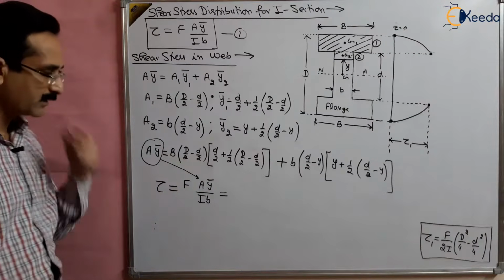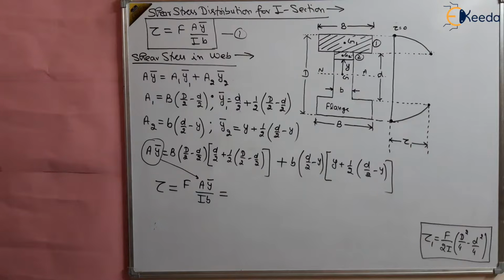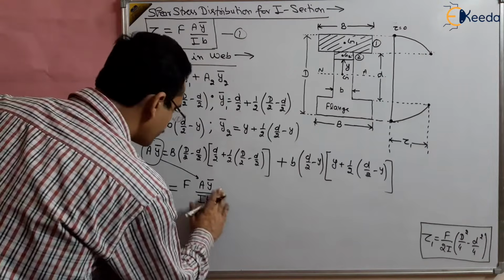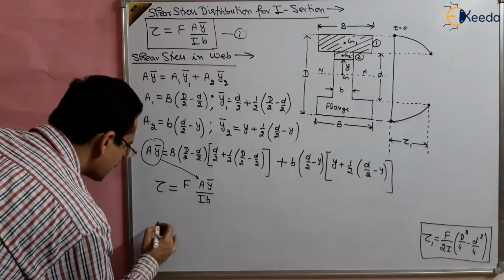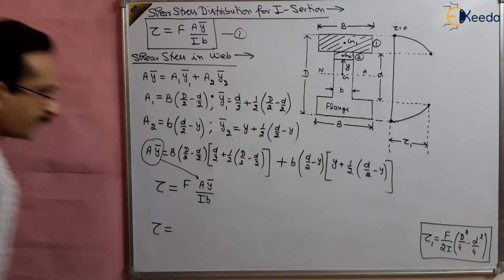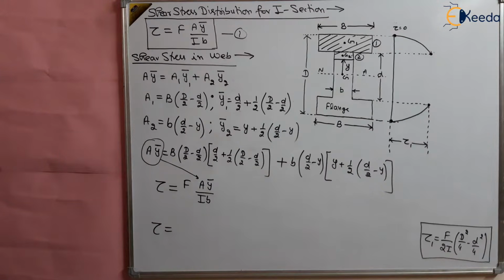Solving it, we will get the shear stress in the web section. I am writing directly the value of the shear stress, and that will be equal to the shear stress distribution F by I b.